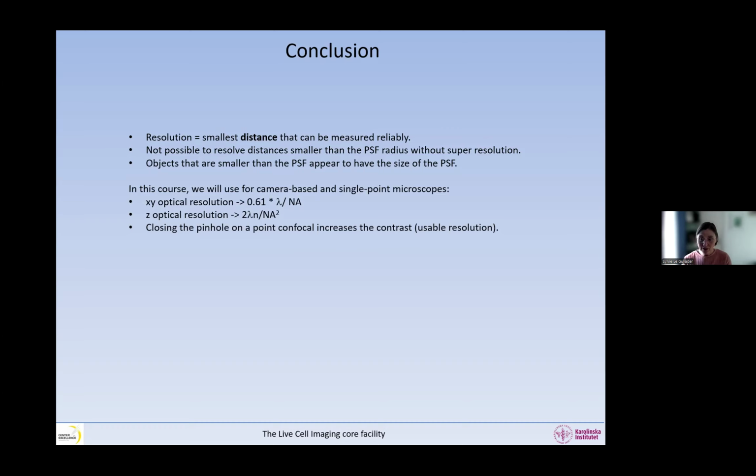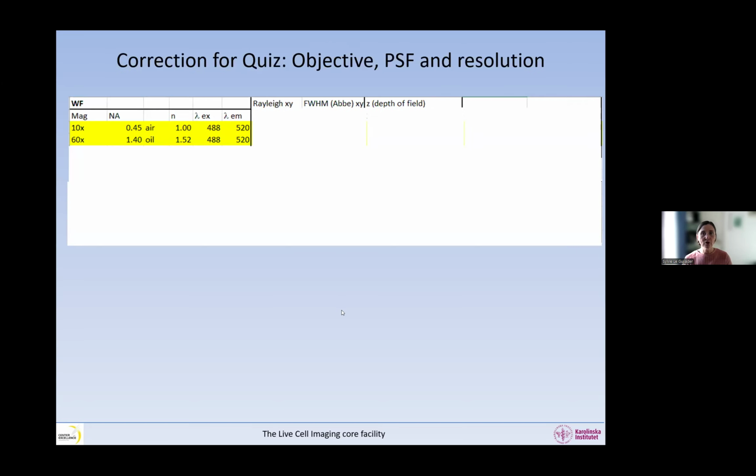You can open it bigger if you need more photons, and you can close it a little bit smaller if you have a very bright sample and need the extra resolution. But when we're above one Airy unit, closing the pinhole is actually increasing the contrast. So we can use all the resolution that the objective is sending us.